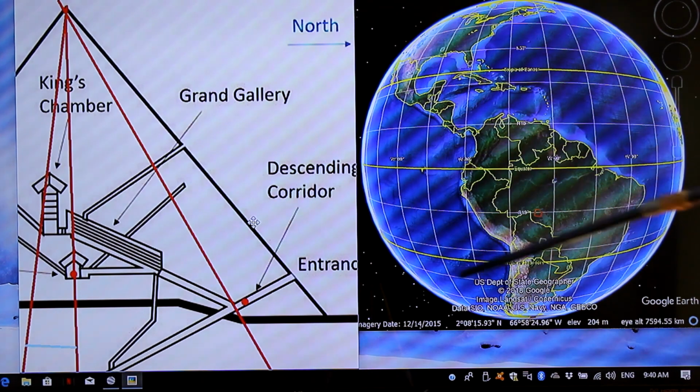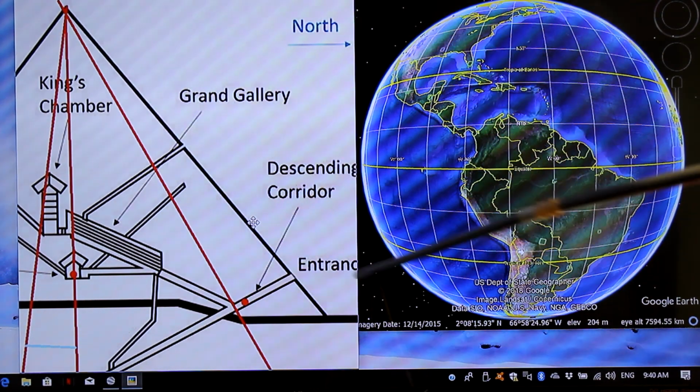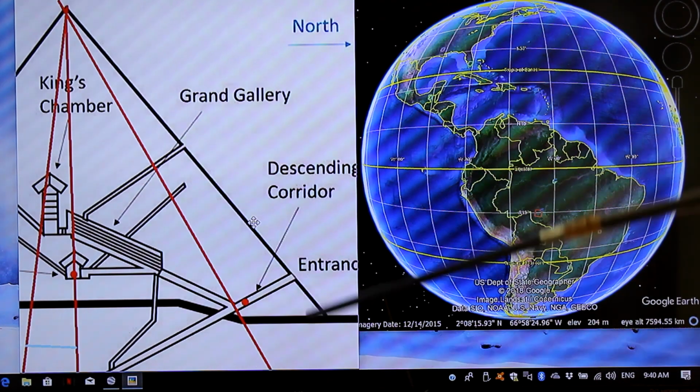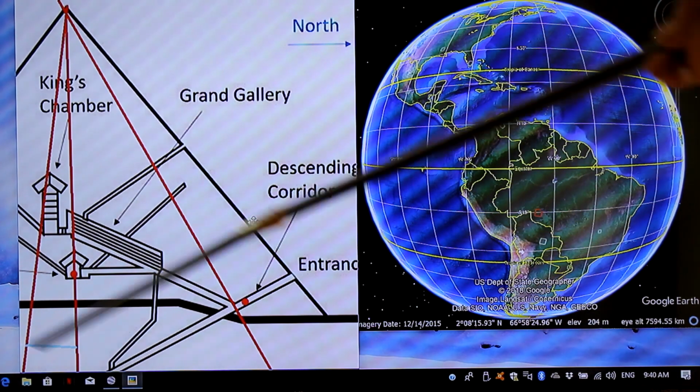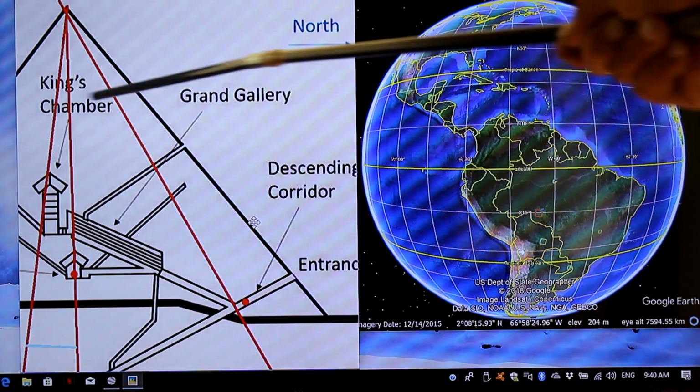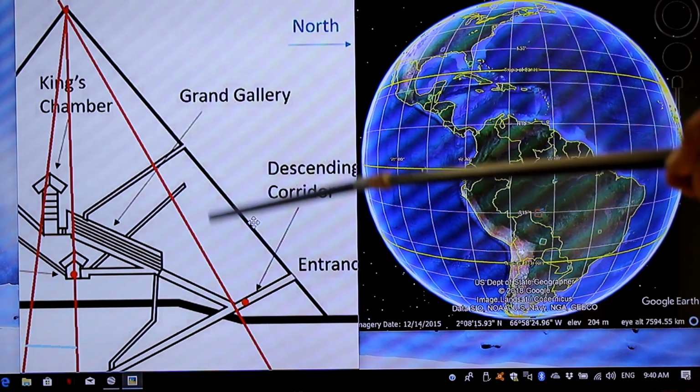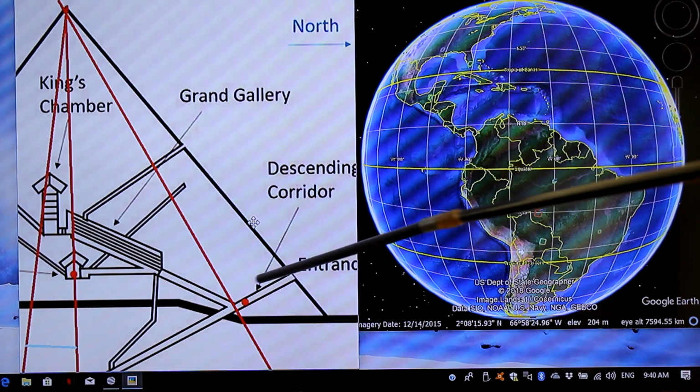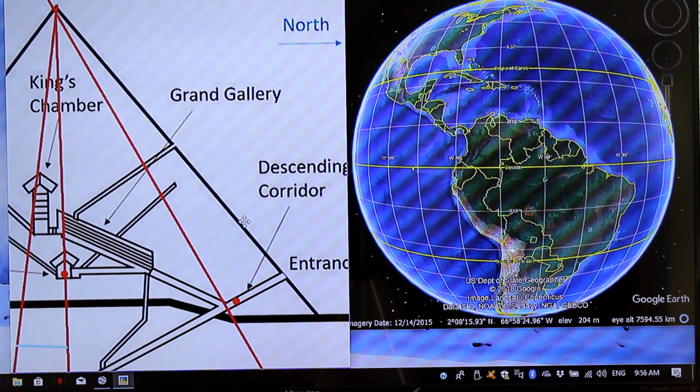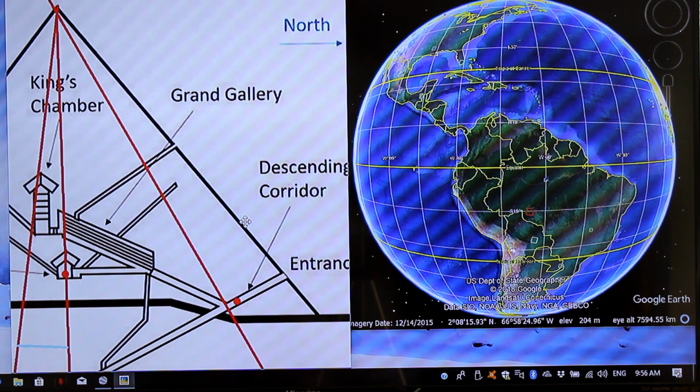The Southern impact corresponds with this one. And what this pyramid and cross section does here is tell us exactly how the Earth moved when these comets hit it.